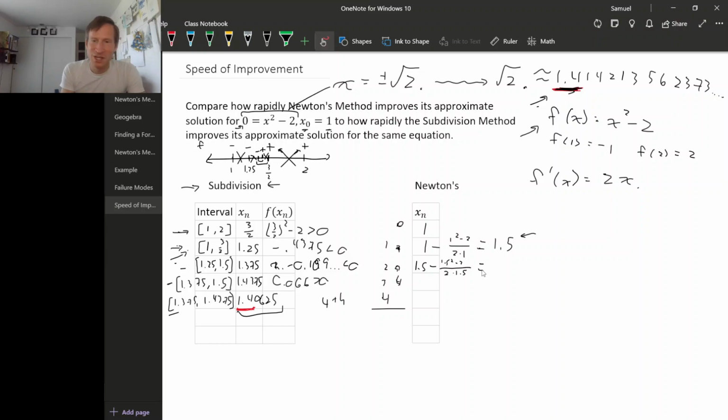Let me try that again. 1.5 minus, open paren, 1.5 squared minus 2, close paren, divided by 3. Okay, that's better. 1.416666. These sixes go on forever. All right, so you can see after 2 stages, we already have 1.41. Right? So already after 2 stages, Newton's method is doing better than the subdivision method did after 4 stages.